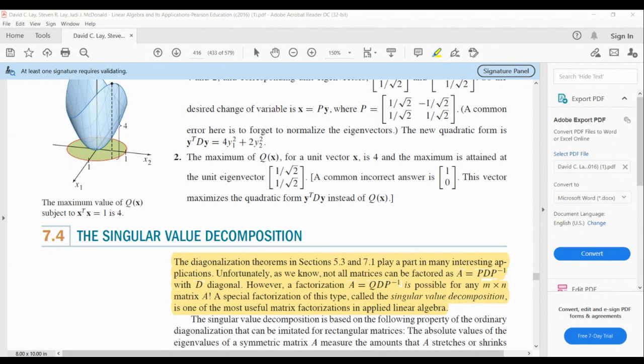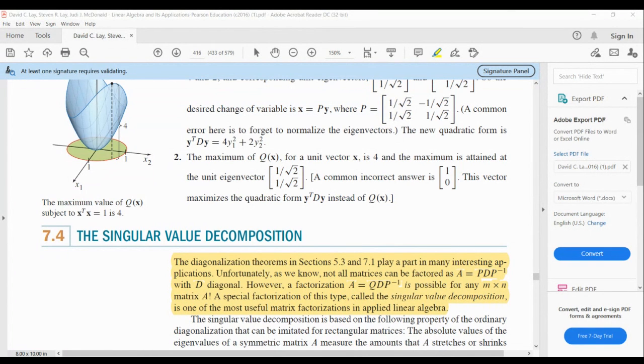They mention here that a factorization where the matrix A can be written as matrix Q times a matrix D times a matrix P inverse is possible for any m by n matrix A. A special factorization of this type is what's known as the singular value decomposition of the matrix, and it's one of the most useful matrix factorizations in linear algebra.